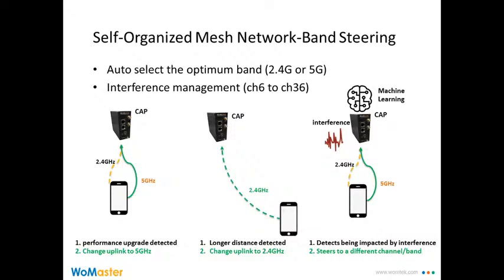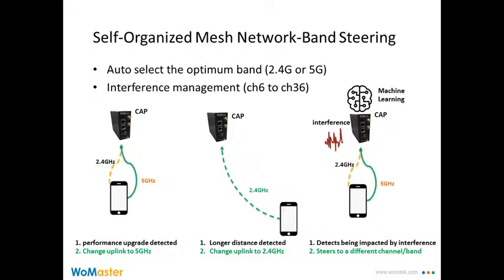The third one is about interference. Usually, there are many different RF communications in the 2.4G band, maybe like Zigbee, LoRa, or anything else. Sometimes these signals will interfere with the quality of the signals.